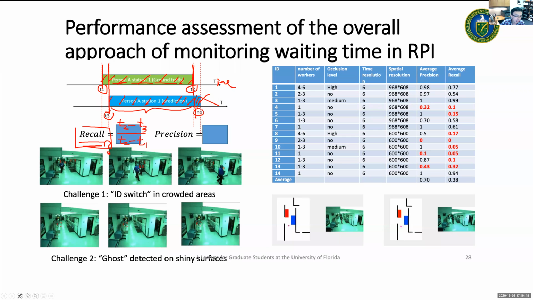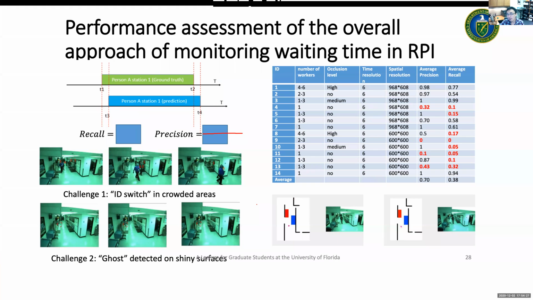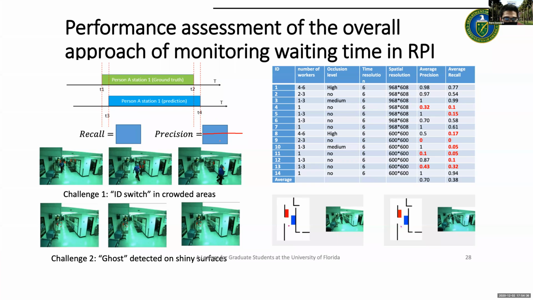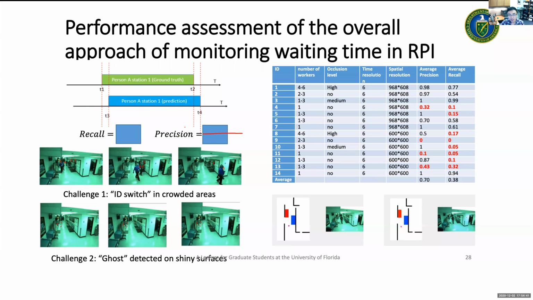Okay? Now let's say precision. How do we calculate the precision? T2 minus T1? Going above or down? No, precision is, still, I focus on this event, but I want to see how much I predicted correctly.